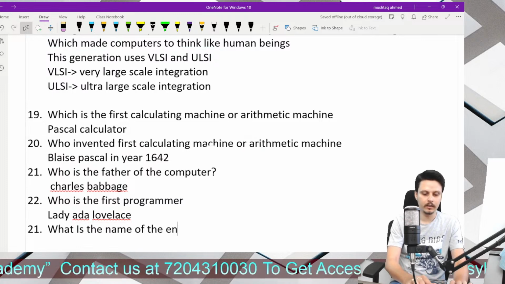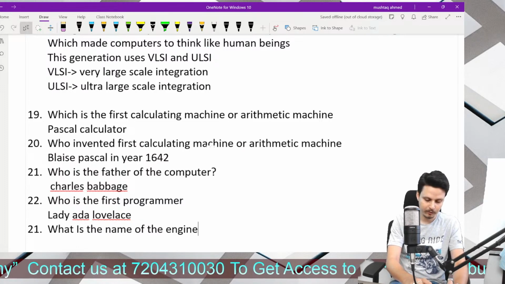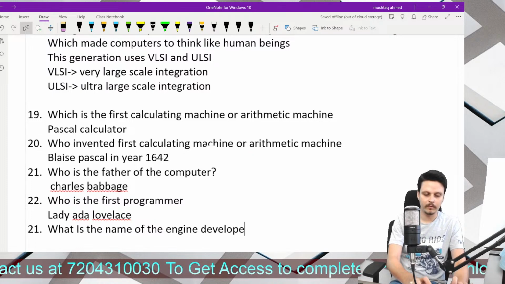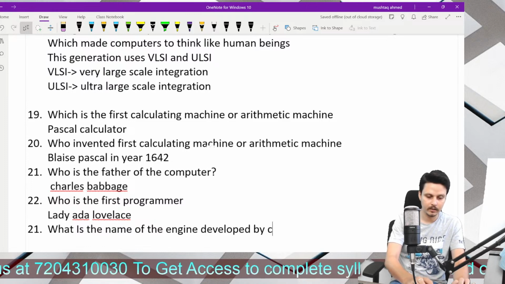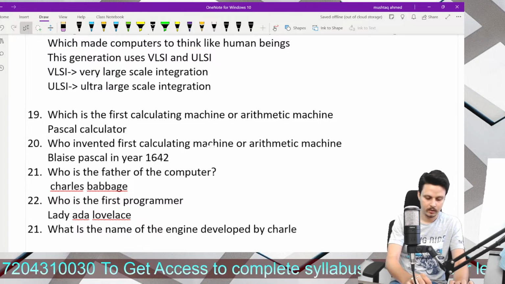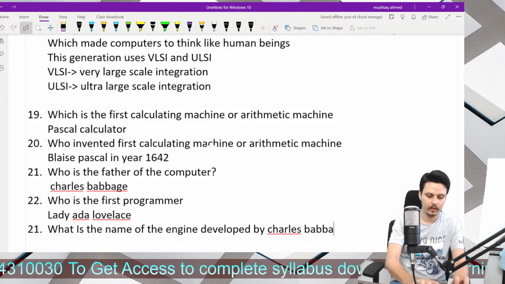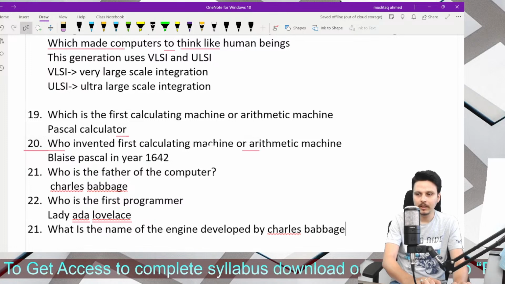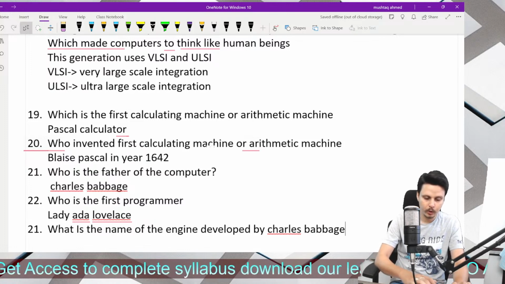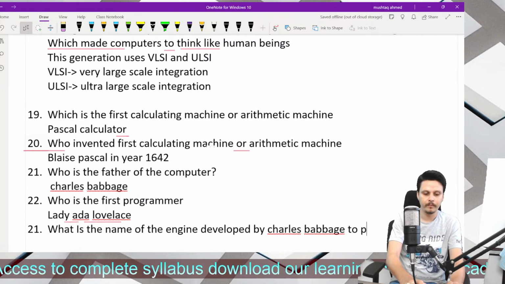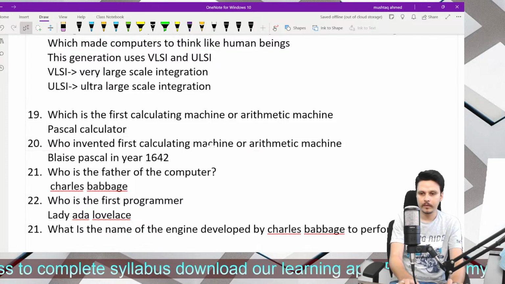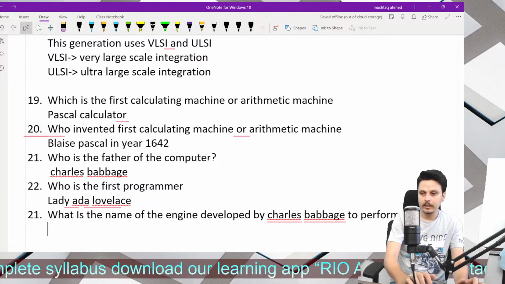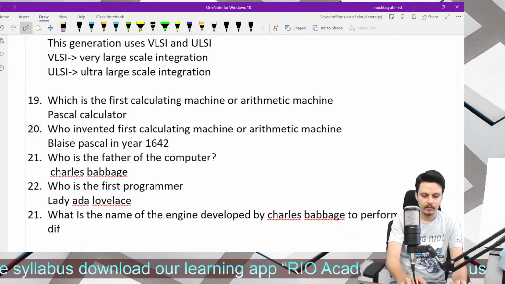What is the name of the engine developed by Charles Babbage to perform differential equations?